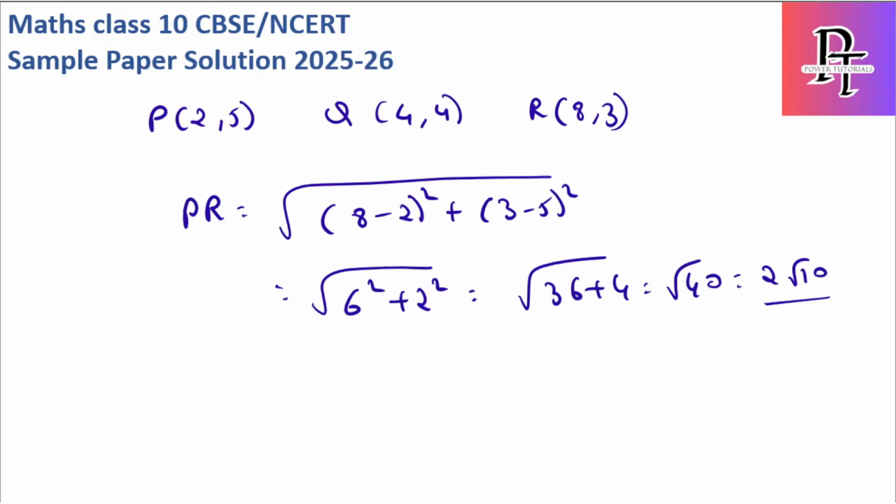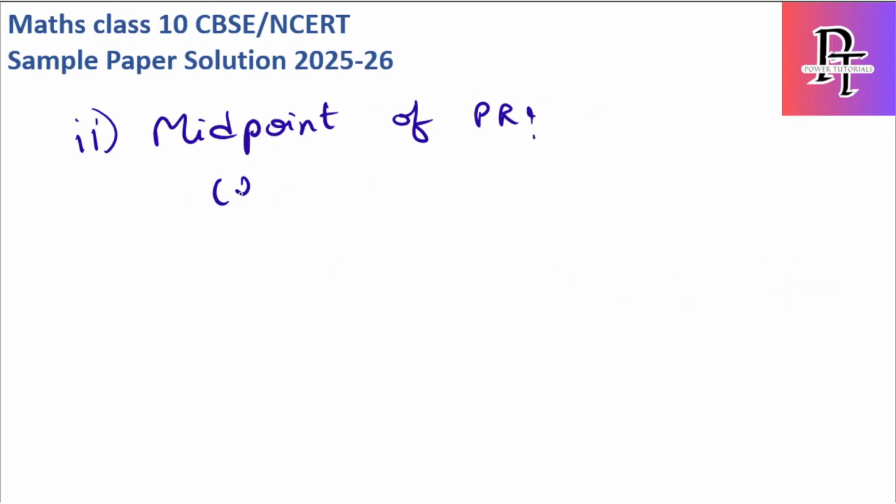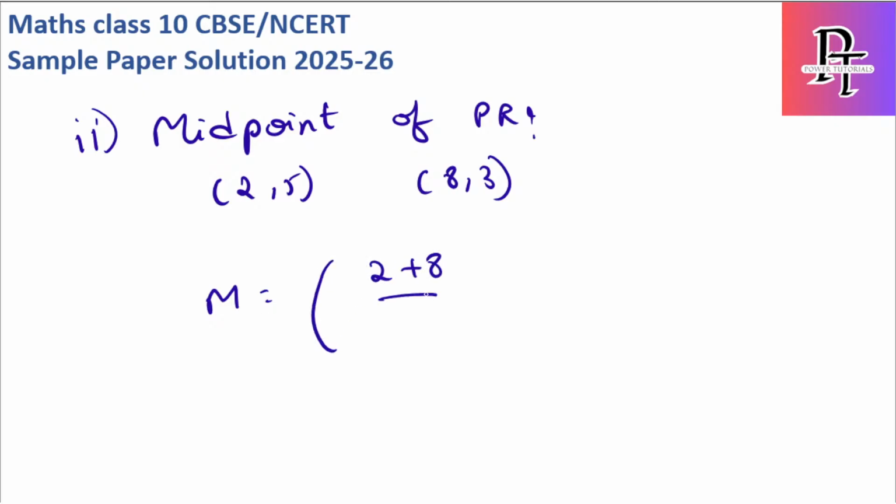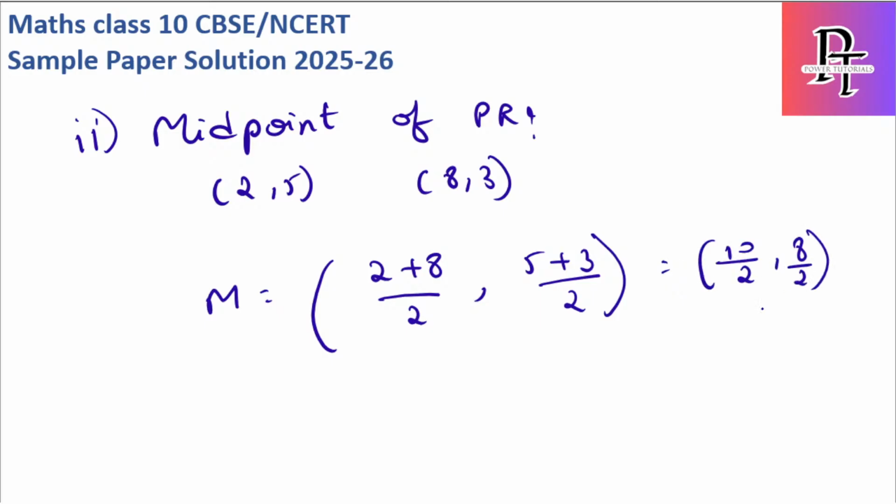P is 2, 5 and R is 8, 3. I will write M, which is (2 plus 8) by 2 and (5 plus 3) by 2. What is 2 plus 8? 10. 5 plus 3? 8. 10 by 2, 8 by 2, which becomes 5, 4.